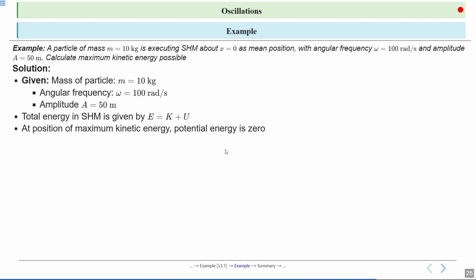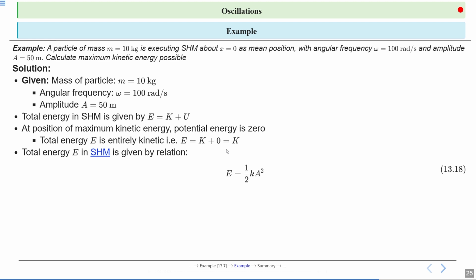This happens when the particle passes through the mean position, x equal to 0. At that instant, all the energy is kinetic and none is stored as potential energy. So, at this position, the total energy E is equal to kinetic energy K. Since the potential energy is 0, E equal to K plus 0, so E equal to K.